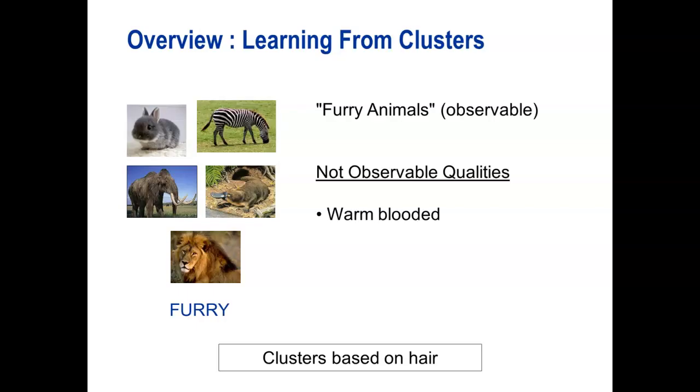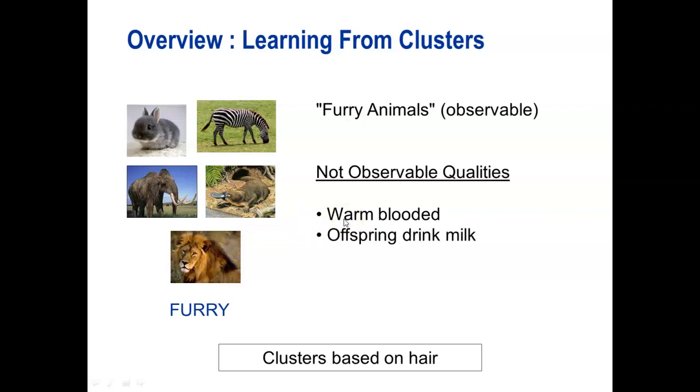For example, they're warm-blooded, which means that if it gets cold out, these animals are fine. They can handle cold weather. You cannot look at a lion and say, hey, this lion has warm blood. You can't look at its blood, but you can look at its skin and realize it's got fur. And once you know that, you now know that he is warm-blooded.